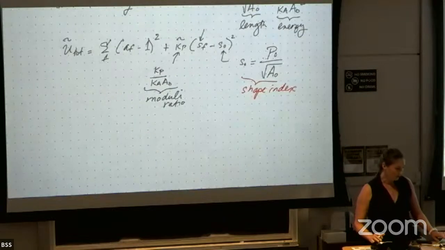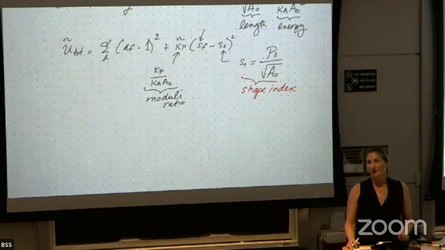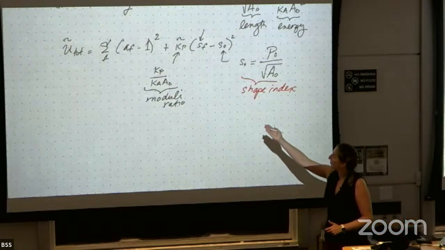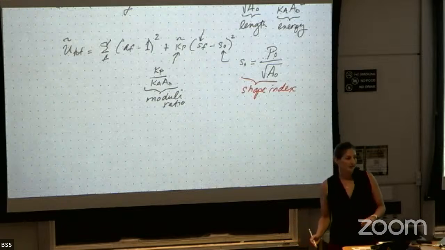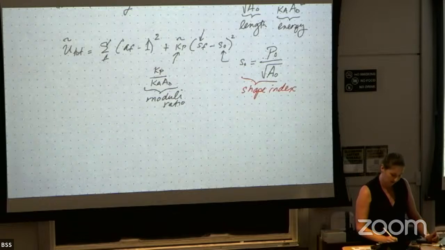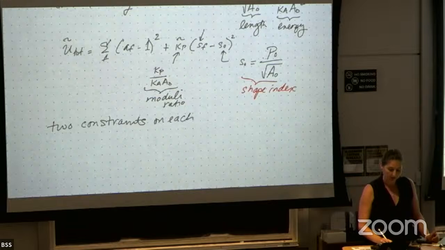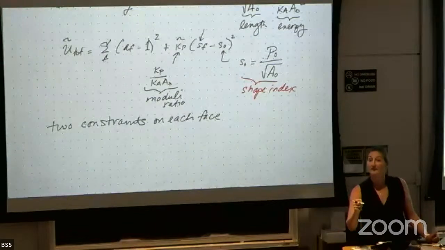Okay, so then if we want to look at this system, because right, this still is two quadratic penalties, right? It's two quadratic terms in the energy functional. So this energy functional gives rise to two constraints on each face, right? And it's exactly of the functional form that we already studied. It's quadratic.